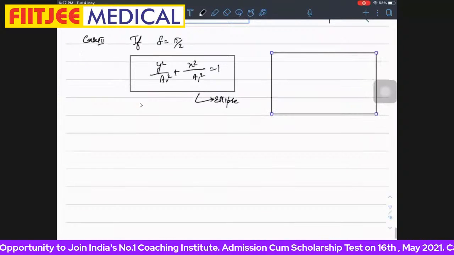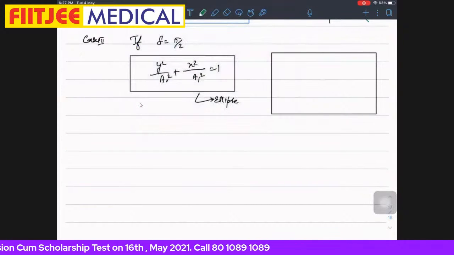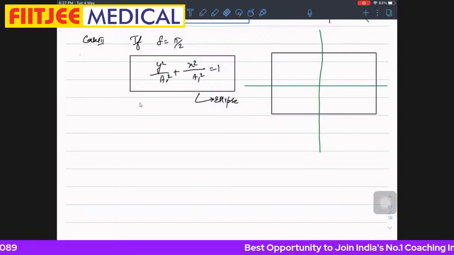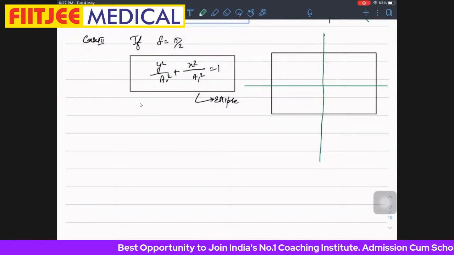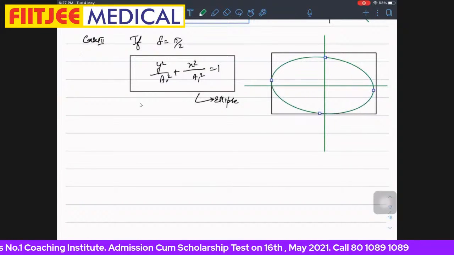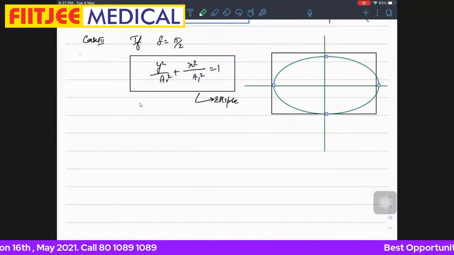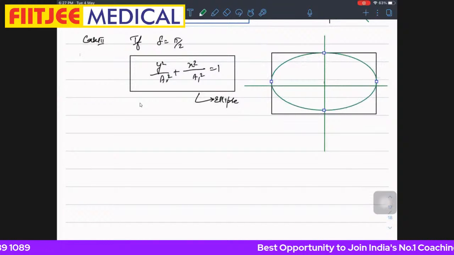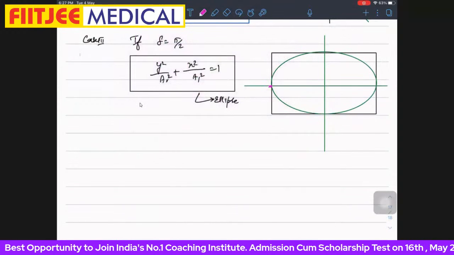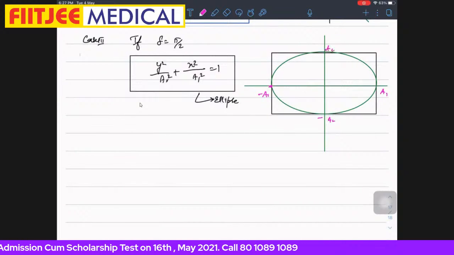So if we draw this, this ellipse will be fixed in the boundary, and here you can see this will be minus a1, a1, minus a2 and a2.